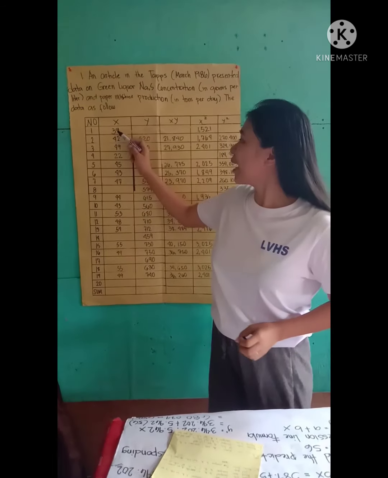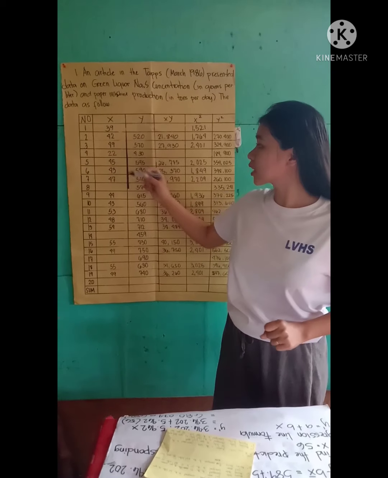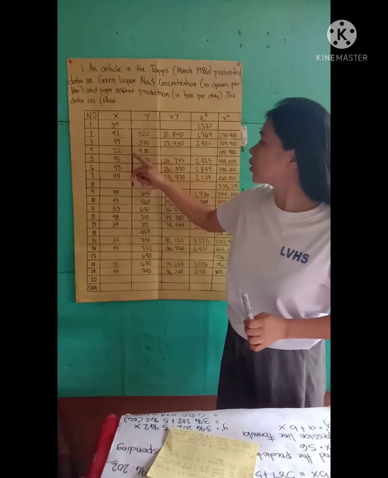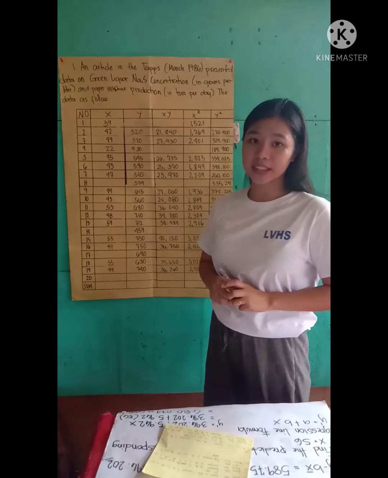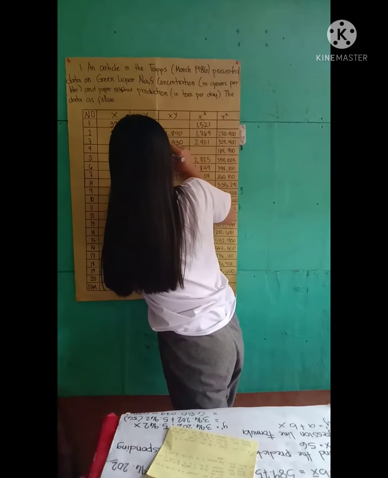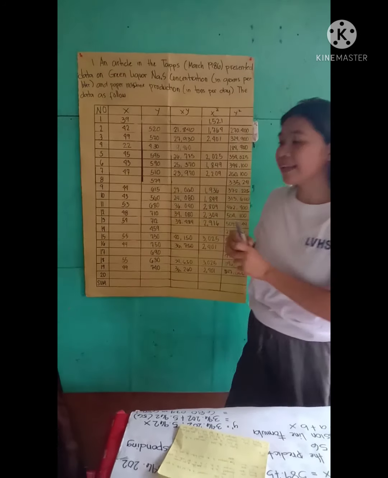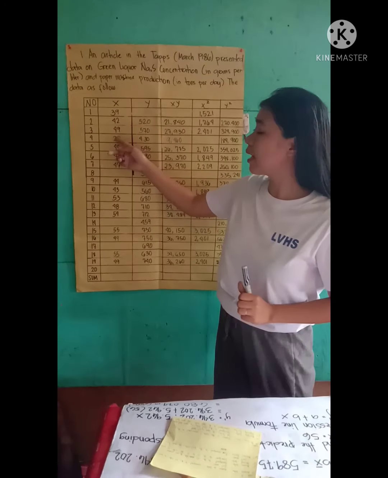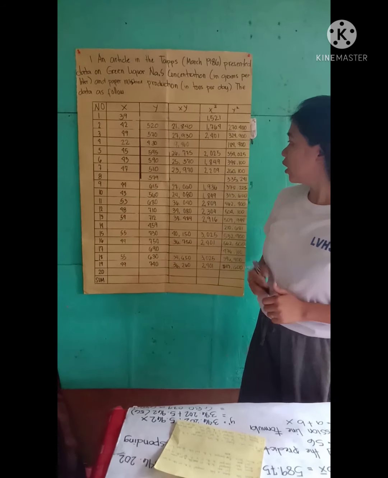Now we have filled the missing data in number 4 in the X column, so we can solve for XY already. 22 times 430 is equal to 9,460. And now we can solve for the X squared as well, because we already filled the missing data in number 4.